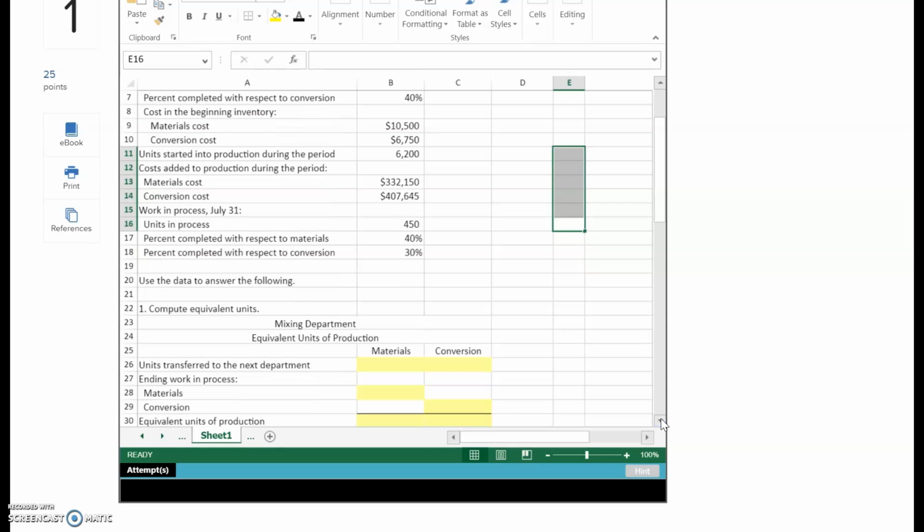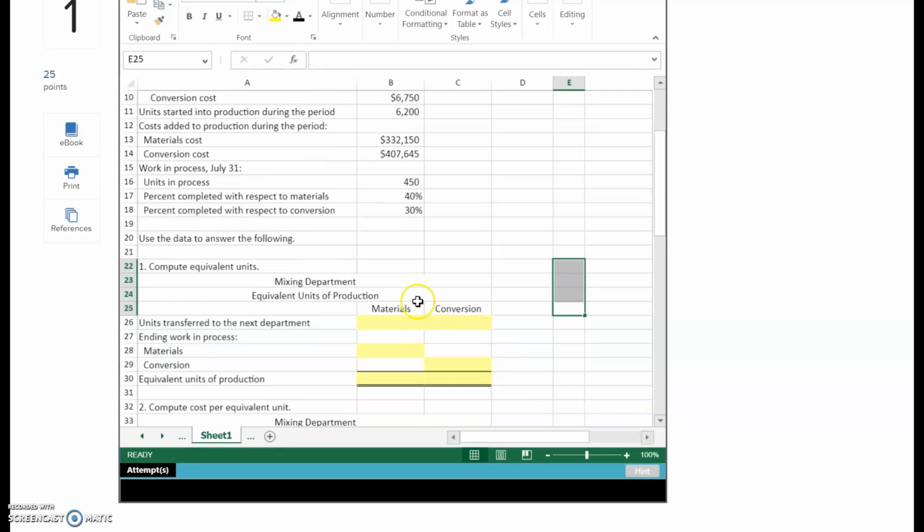So you might need to maybe kind of map this out on paper a little bit, but you cannot type in the number. If you figure it out the way that I'm showing you in my videos, that's all right, but then you can't just type in the number. Even if you type in the correct number, it will be wrong if you don't use a formula, okay? And so then you're going to know the units transferred to the next department. Since those are 100% done, these are also the equivalent units.